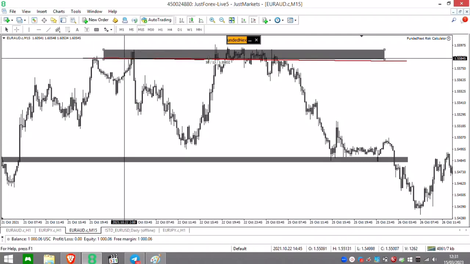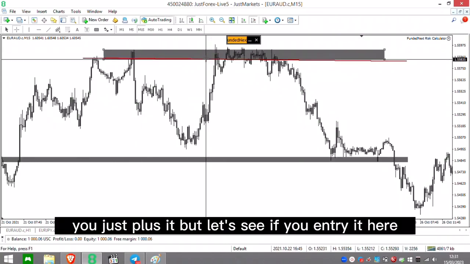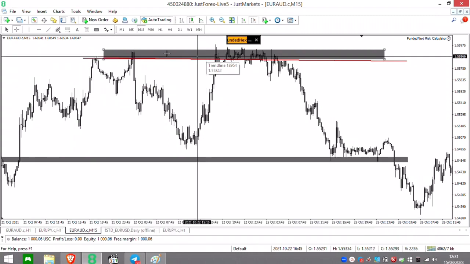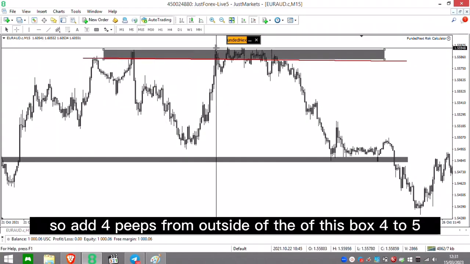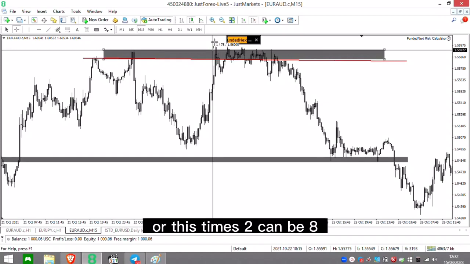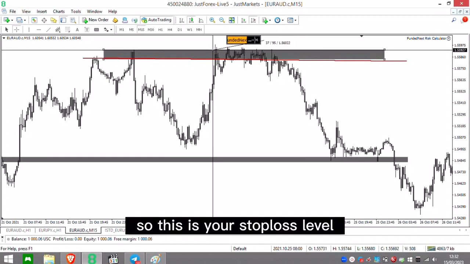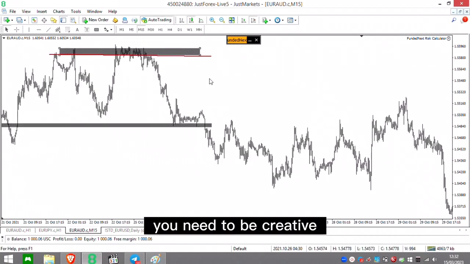Like let's say if you entry at here, let's say we have 9 pips, so add 4 pips from outside of this box. 4 to 5 or just times 2 can be it. So this is your stop loss level. So yeah, you just need to be creative.